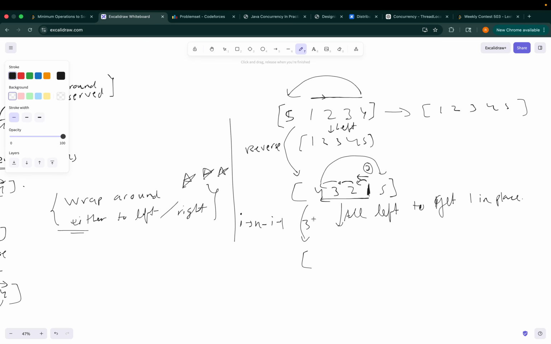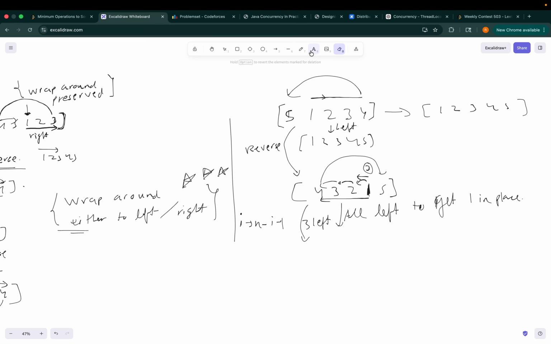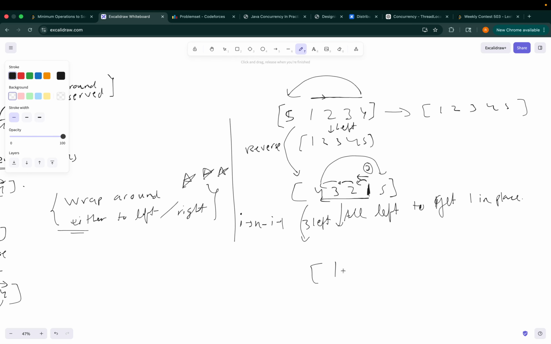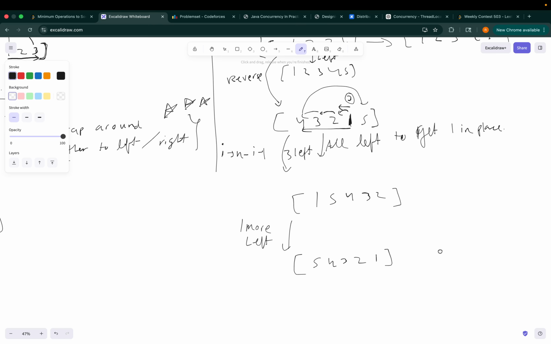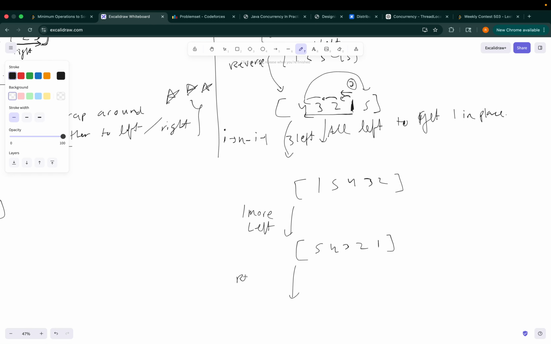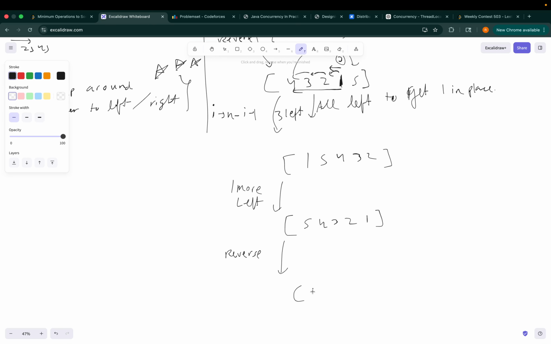After you do 3 left rotations, your array will look like 1 5 4 3 2 maybe, right? Then you do one more left rotation to get your array in reverse, 5 4 3 2 1. And then you do a reverse operation to get 1 2 3 4 5.